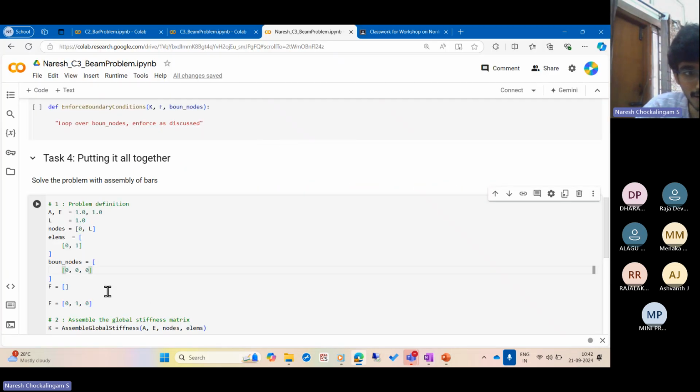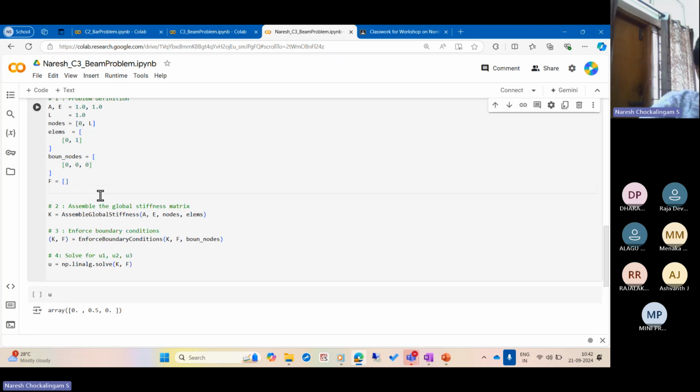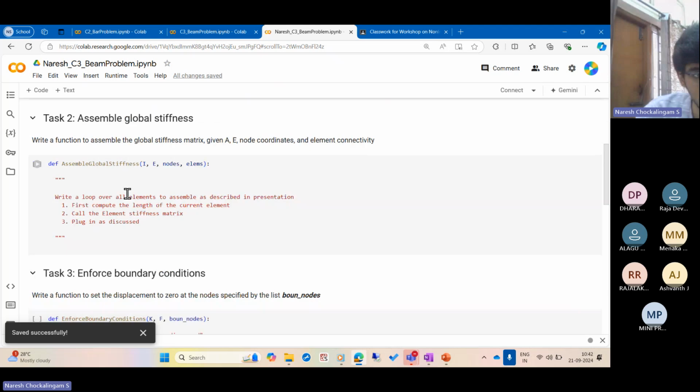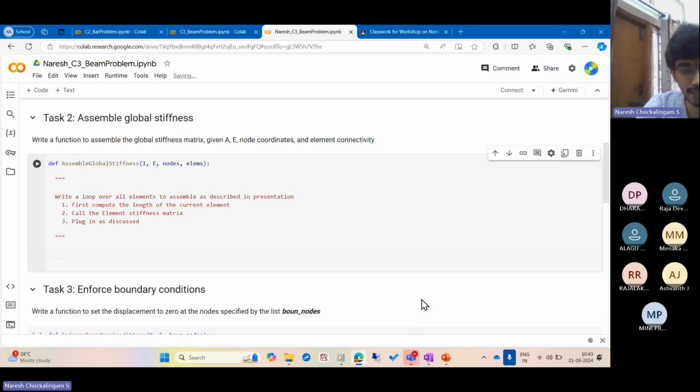Therefore, let us start with initializing this, right? So F will come a little later on. We'll come to the force a little later. Okay, so we'll go to the assembly part. The first step of the assembly part is we have to initialize, right? So how do we initialize?